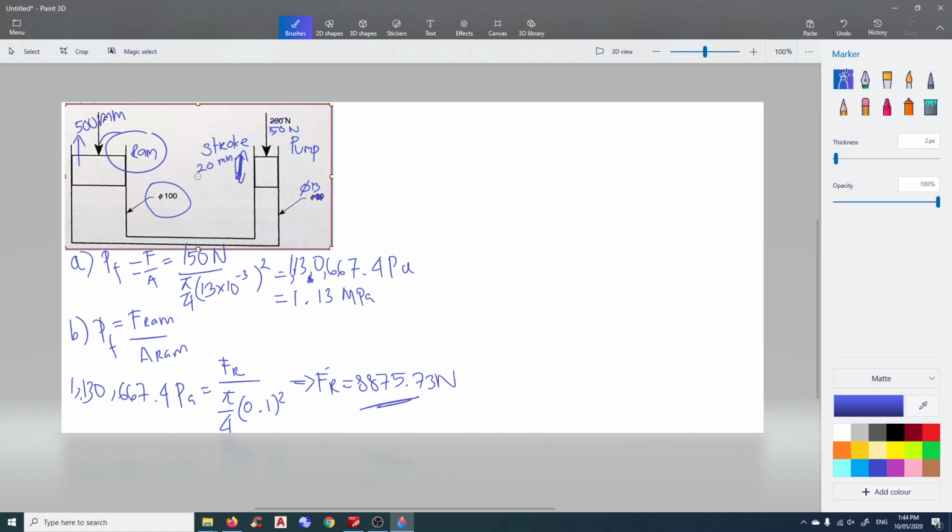So force, the unit is Newton. Pressure, the unit is Pascal or megapascal.